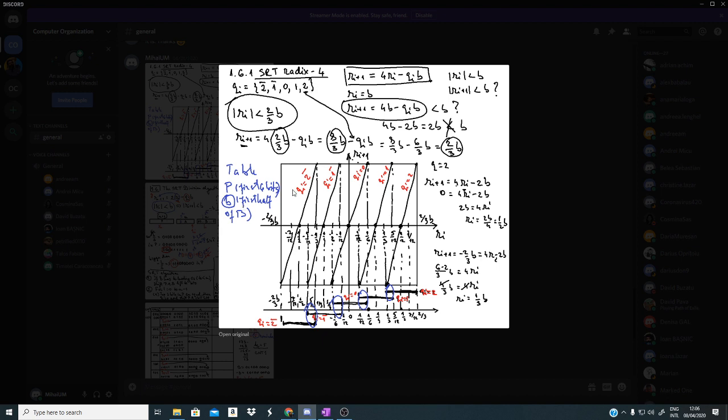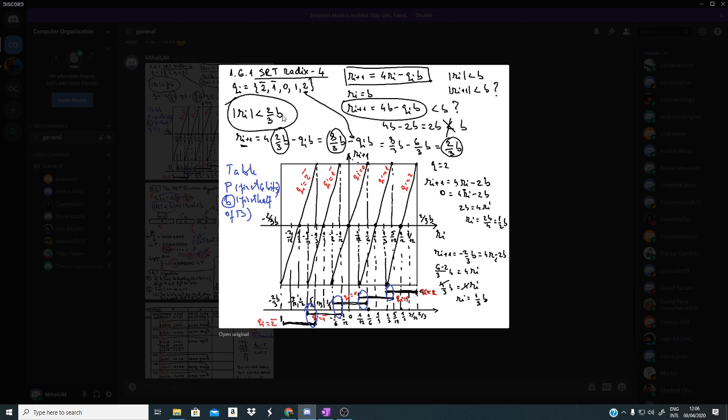So we discussed the fact that, to keep the remainder within certain bounds, we have to put this constraint, namely that the partial remainder Ri must be smaller than 2/3 of B.